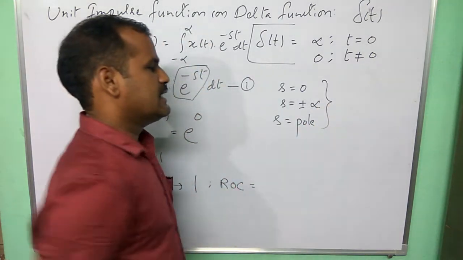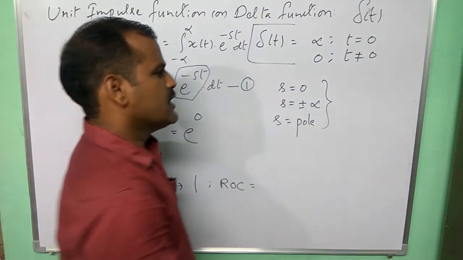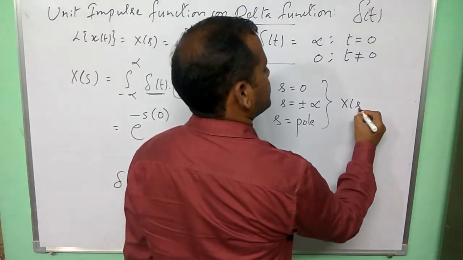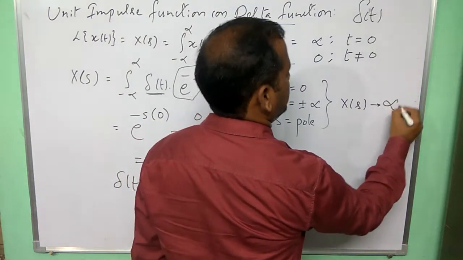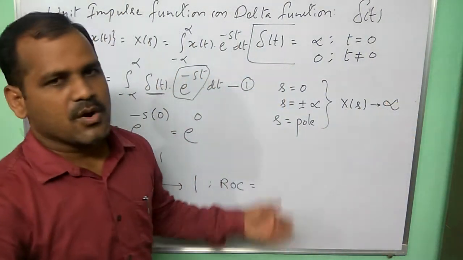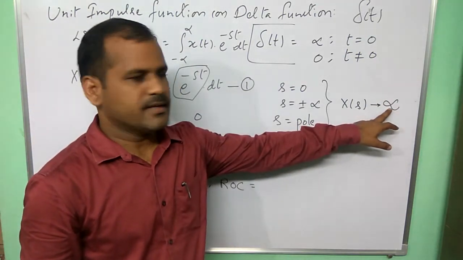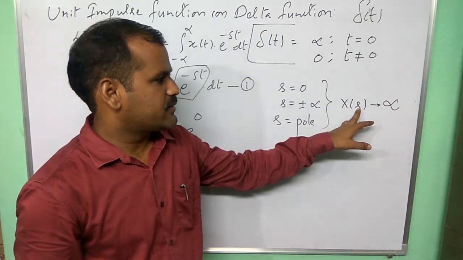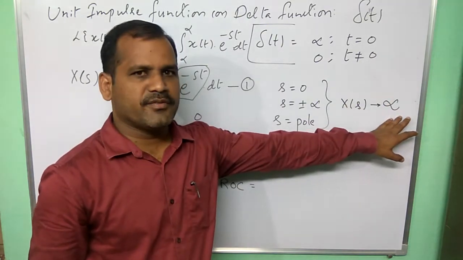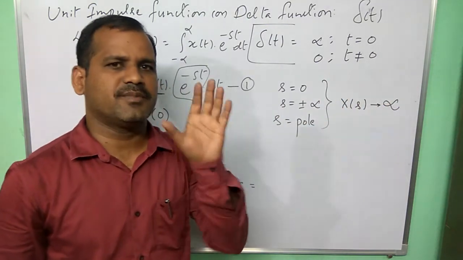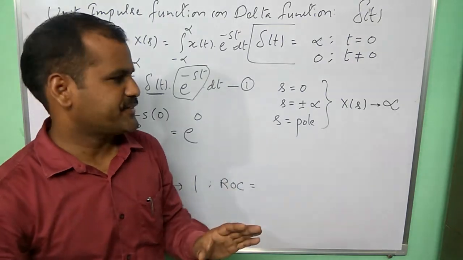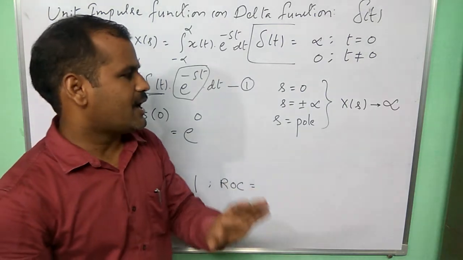Under these three conditions, most of the times we will get x of s tending to infinity. That means we need convergence of the signal. It should not go to infinity. For which values of s is x of s not going to infinity? That range of values is nothing but the ROC for that signal.